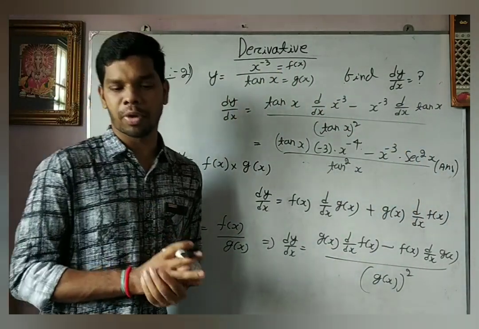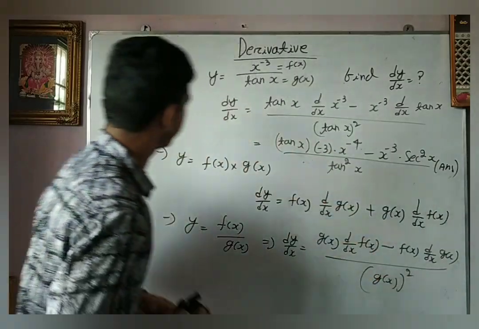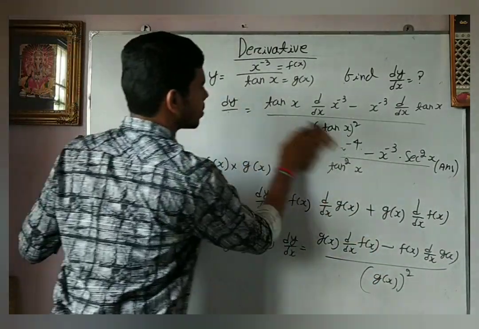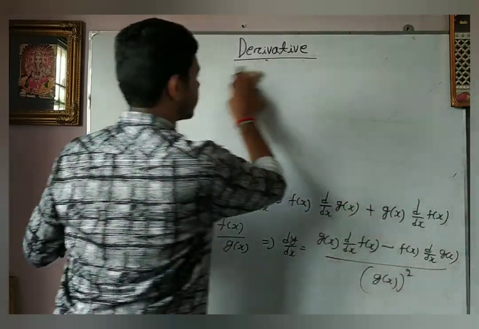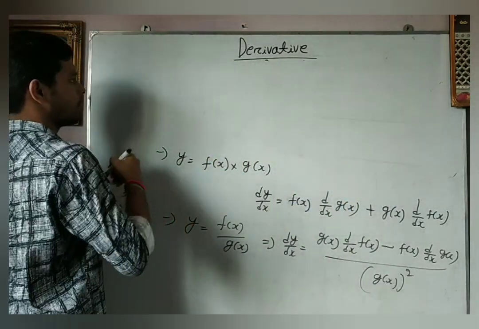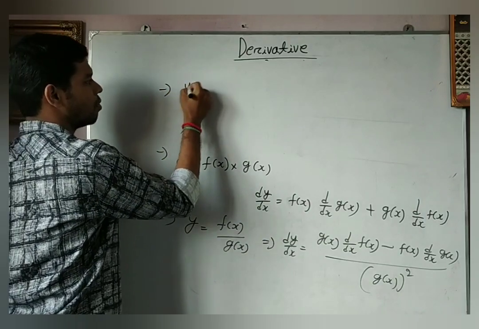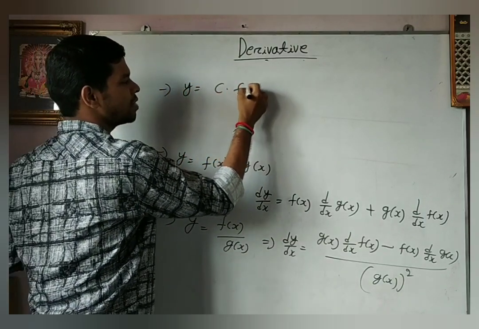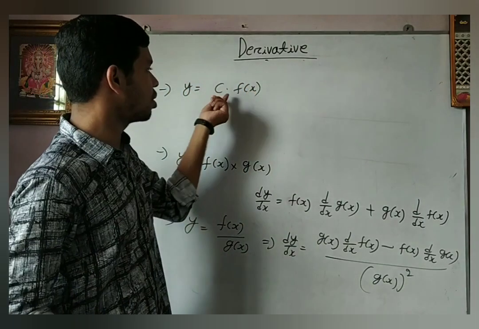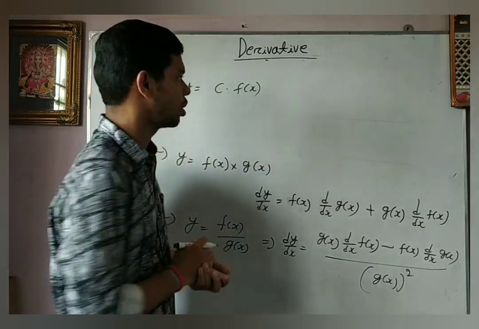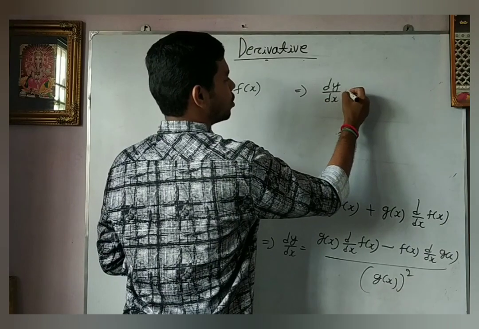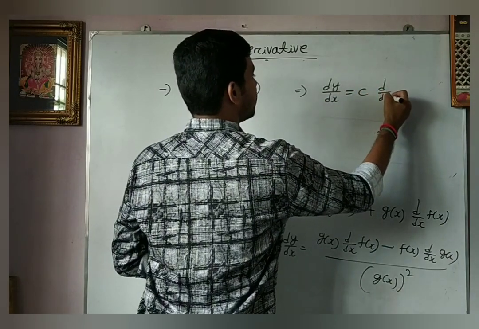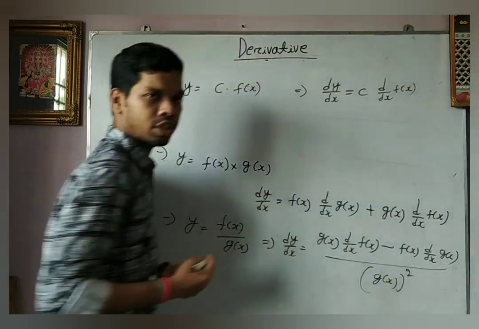Then last property, y equal to c times f of x. That means a constant is multiplied with a function. That means dy by dx equal to c times derivative of that function.